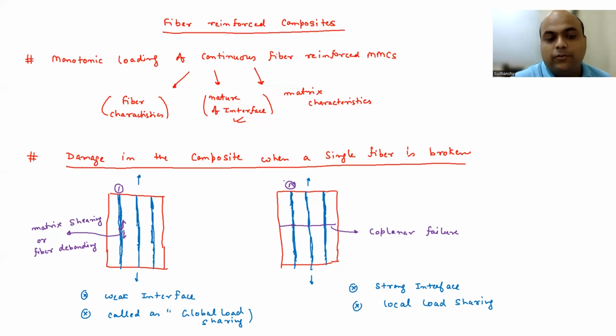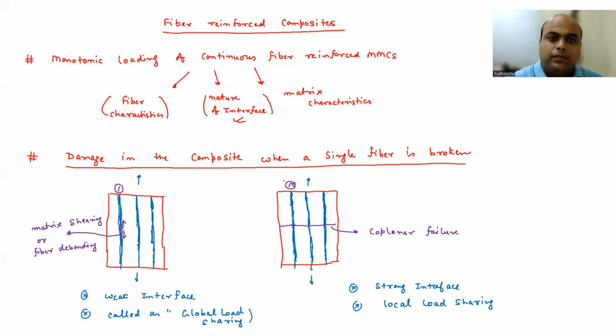So in monotonic loading, you can have either global load sharing or local load sharing depending upon the nature of the interface. If the interface is weak, it will lead to global load sharing, and if the interface is strong, it will lead to local load sharing.